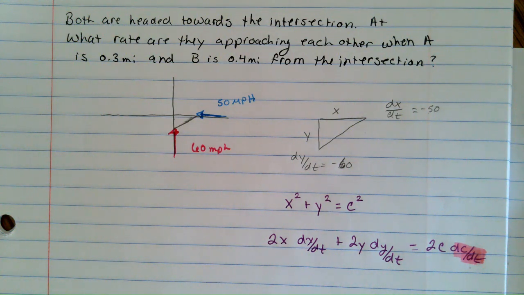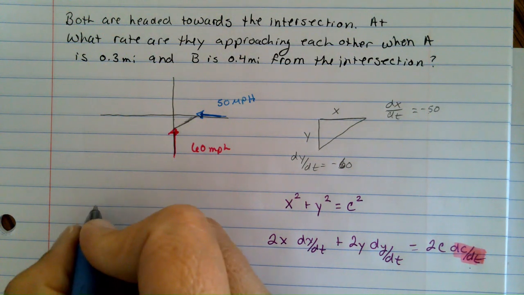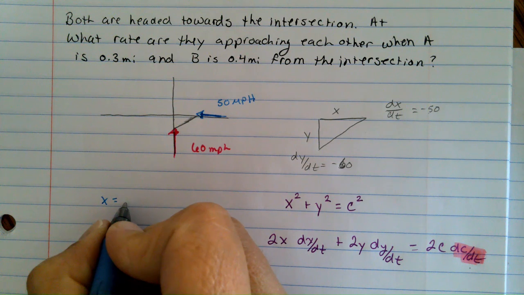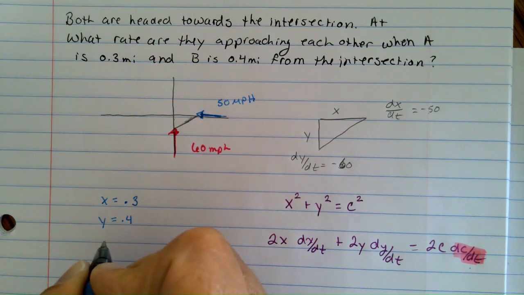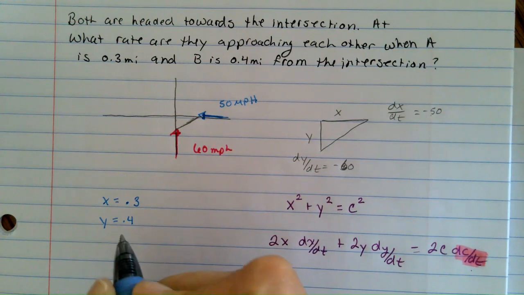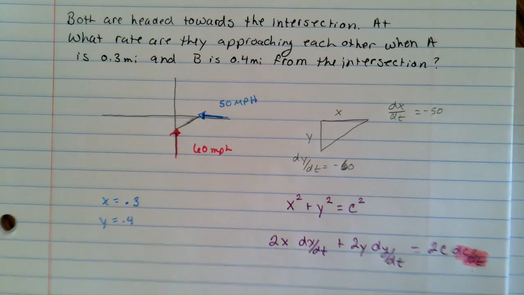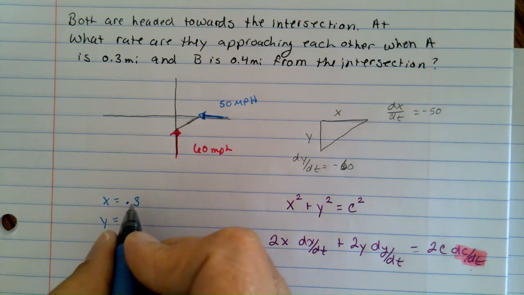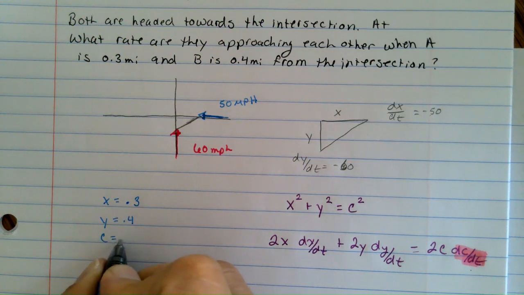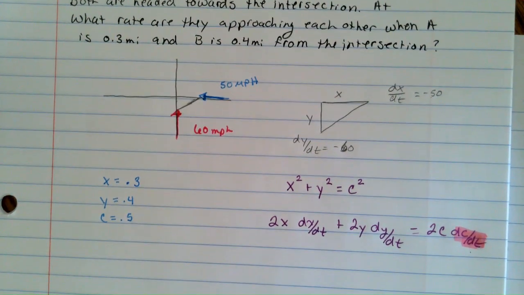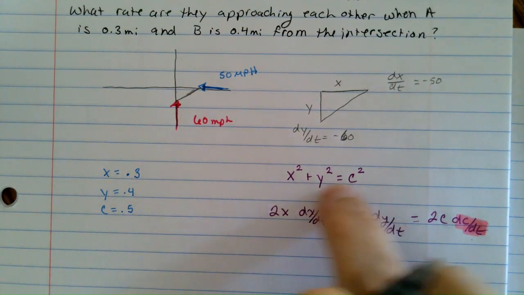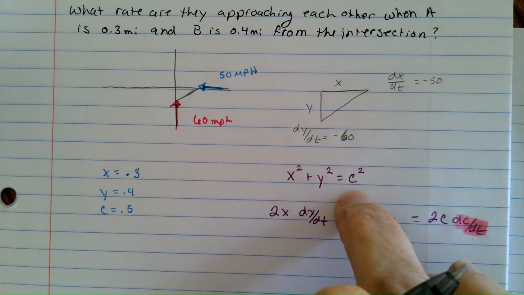All right, they did give us an x value, 0.3, and a y value of 0.4. So we could solve for c, or you guys know Pythagorean triples, there's the 3, 4, 5 triangle. So 0.3, 0.4, and 0.5. It's just scaled down. Or you could substitute into right here and solve for c.